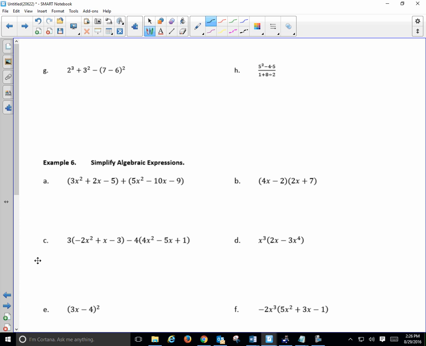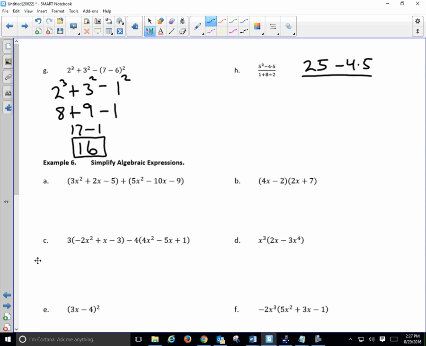A little bit more difficult. G and H. Oh, I just couldn't read it.